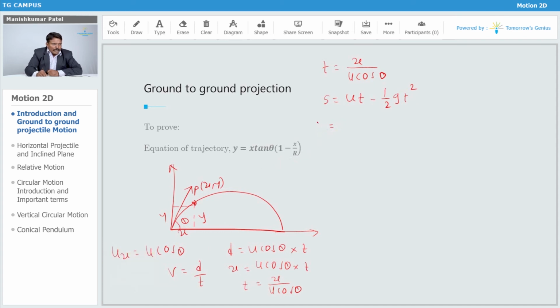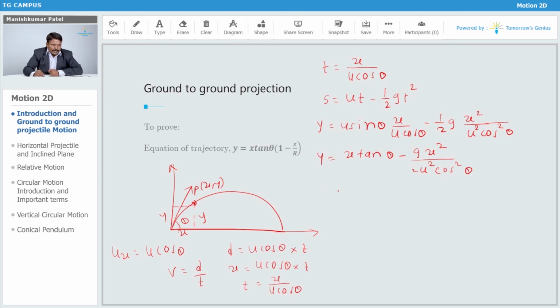Then y is equal to u sin theta into t, that is x upon u cos theta, minus half g, x square upon u square cos square theta. So y is equal to x tan theta minus g x square upon 2u square cos square theta.